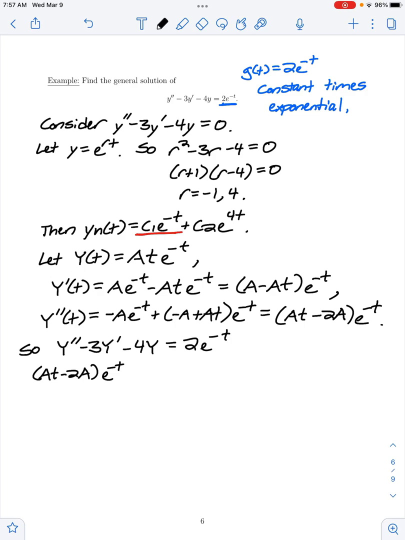For negative 3 times y prime, we get a negative 3a plus 3at times e to the negative t. And then minus 4 times y, which was at e to the negative t, which I need to equal 2e to the negative t.